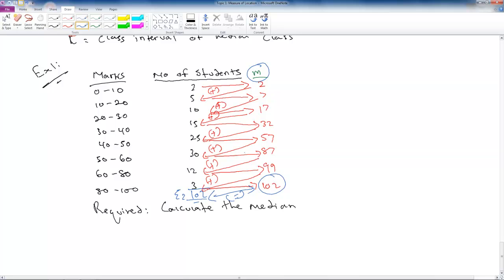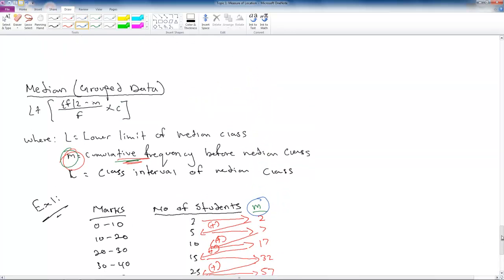It must be the same. If it's not the same, then something is wrong with your calculation. So this is the first step. For the second step, if you look at the formula, we are already done with the M calculation.